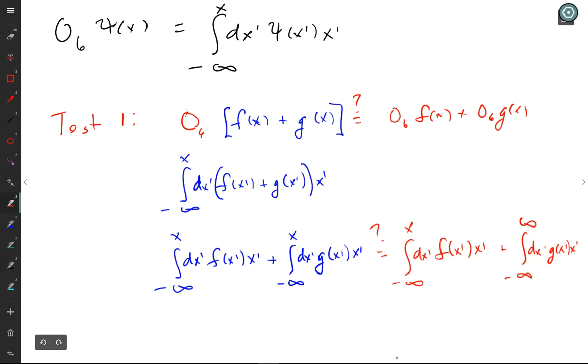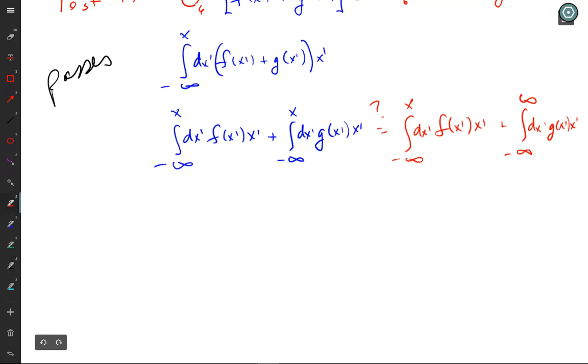And so was that a pass or a fail? And then we go to test 2.